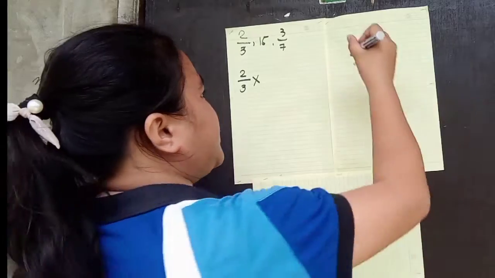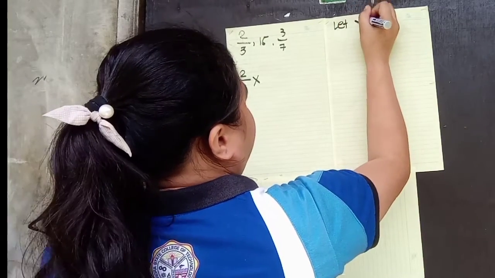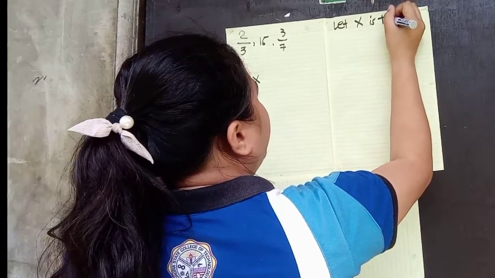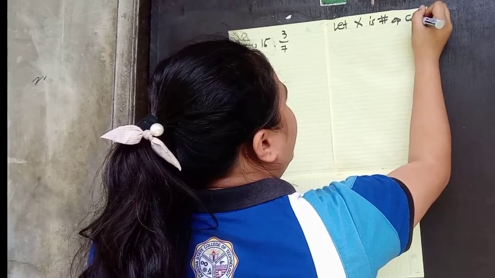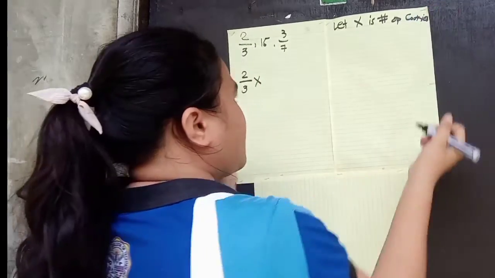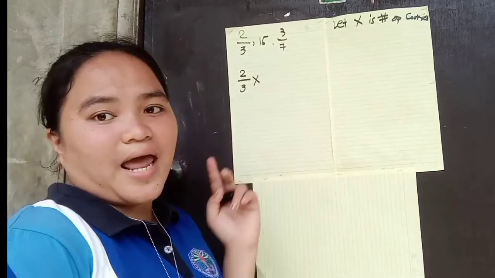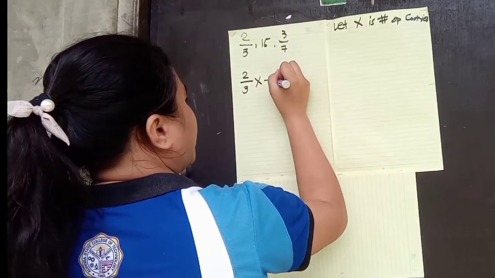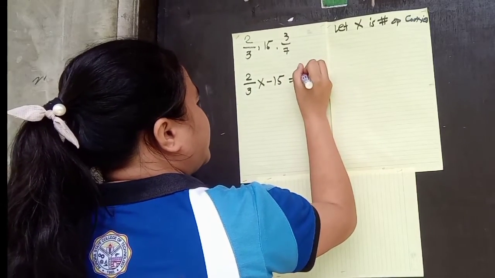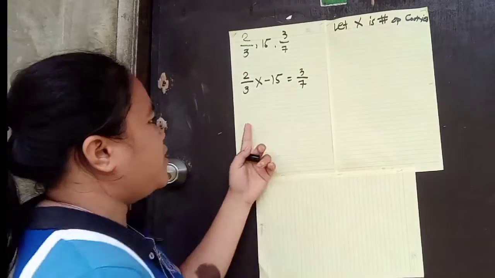So, let x is the number of our cookies. So, 2/3 x minus 15 equals 3/7 x.